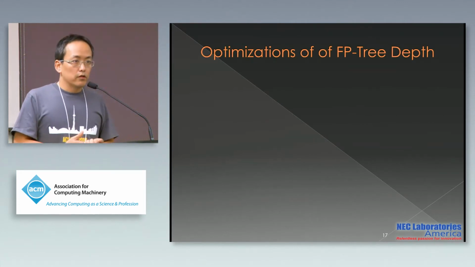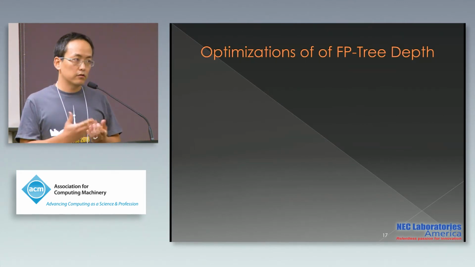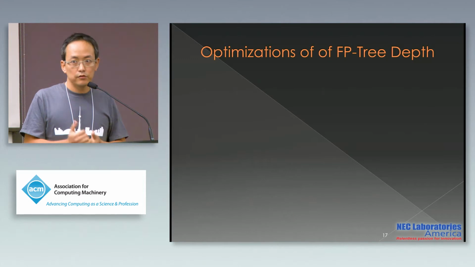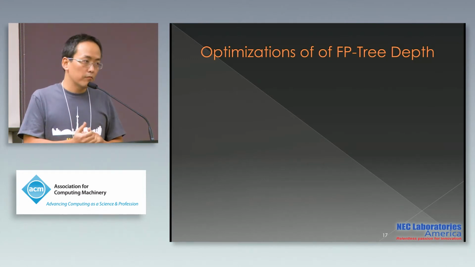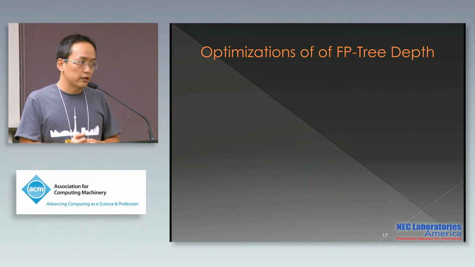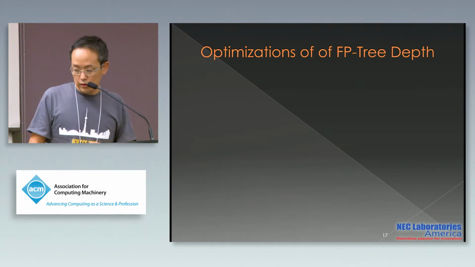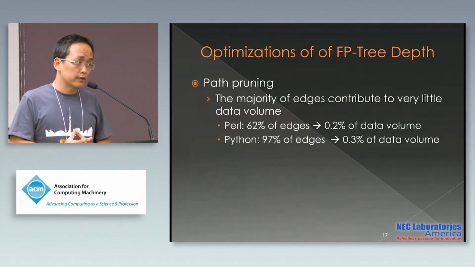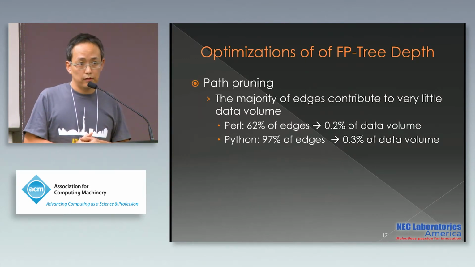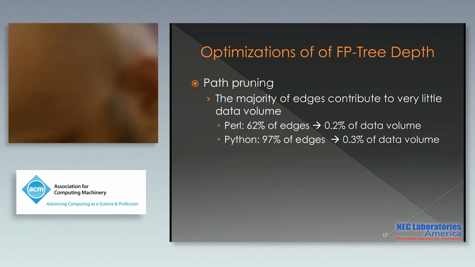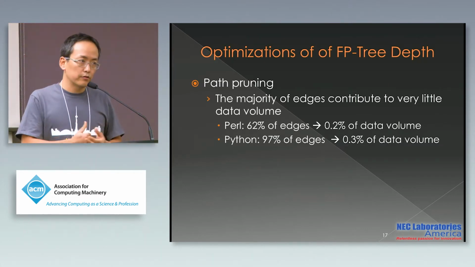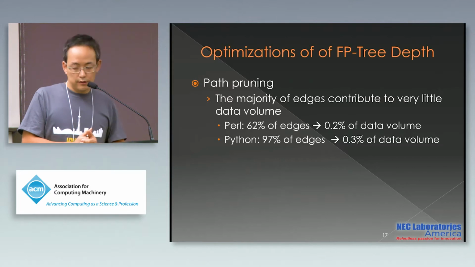Therefore, we need to come up with a couple of optimization approaches to tackle this without compromising the accuracy of our approach. The first approach, based on our data observations, is to prune what is less relevant to the actual relationships.